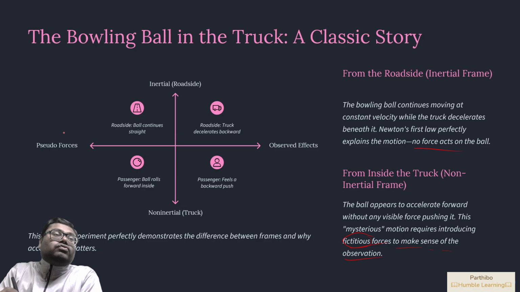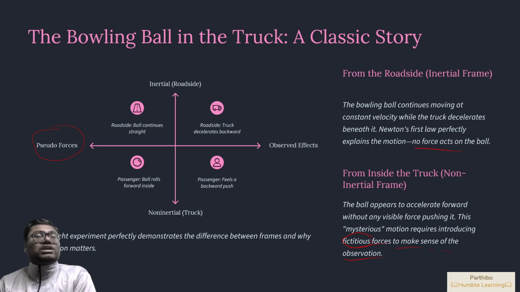And this force is known as a pseudo force, or a fictitious force, that has no real existence for a person outside the non-inertial frame. For a person in an inertial frame, there is no pseudo force, but for a person inside the non-inertial frame, the pseudo force is very real.